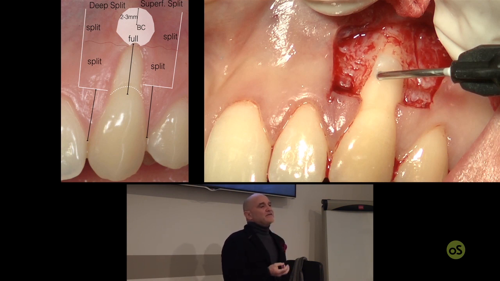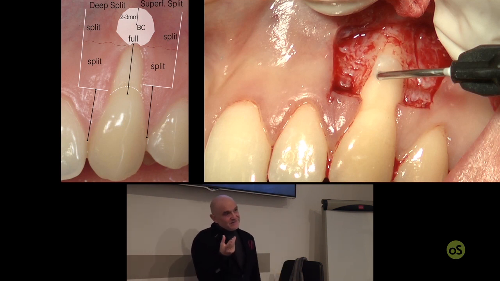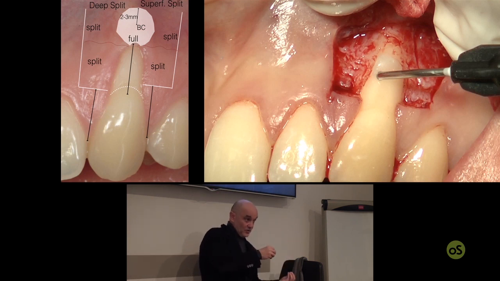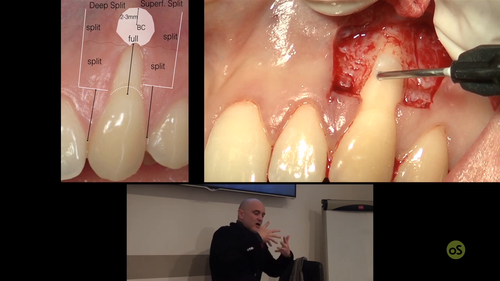Blood clot adhesion is an interaction between the fibrin net of the blood clot with the collagen fibrils content of the dentin tubuli. It's really this perpendicular interaction between the fibrin net and the collagen fibrils of the dentin tubuli that will make blood clot adhesion perpendicular to the root.